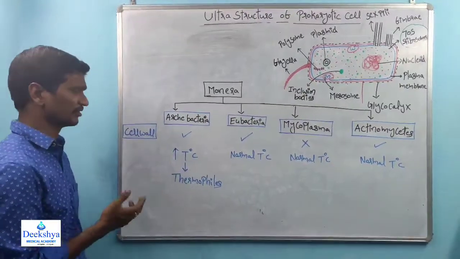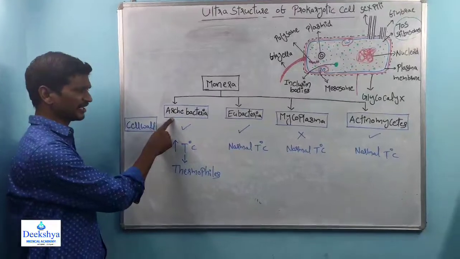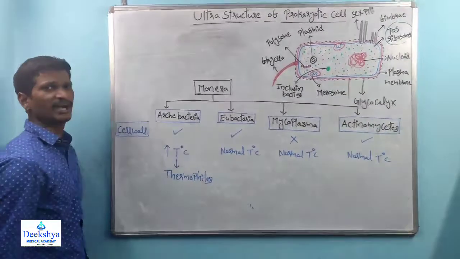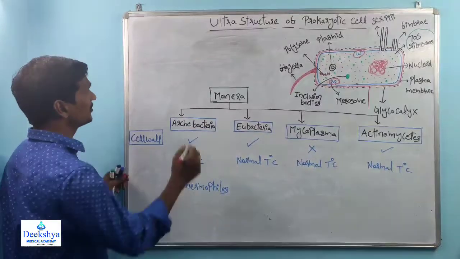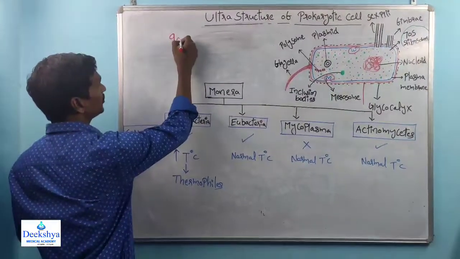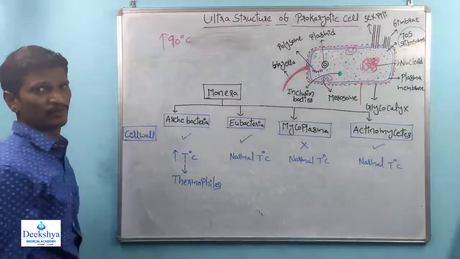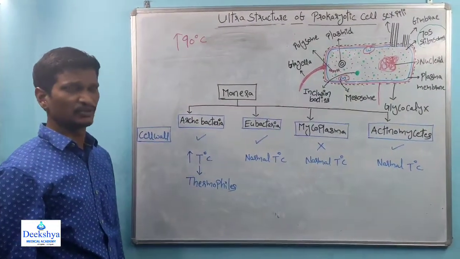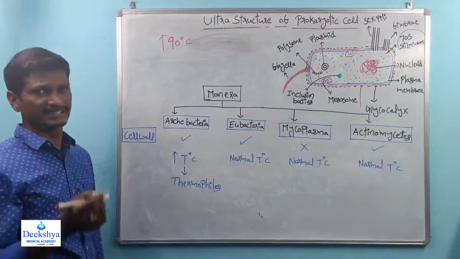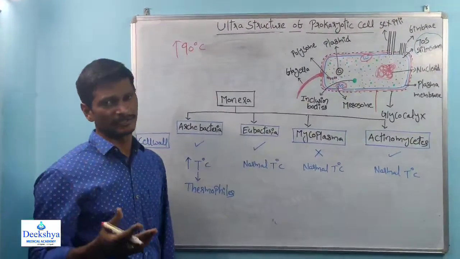Sir, why are we discussing these points? Yes, it is very important. Archaebacteria grow at high temperature, remember, at more than 90 degrees centigrade. Even iron melts at that temperature.